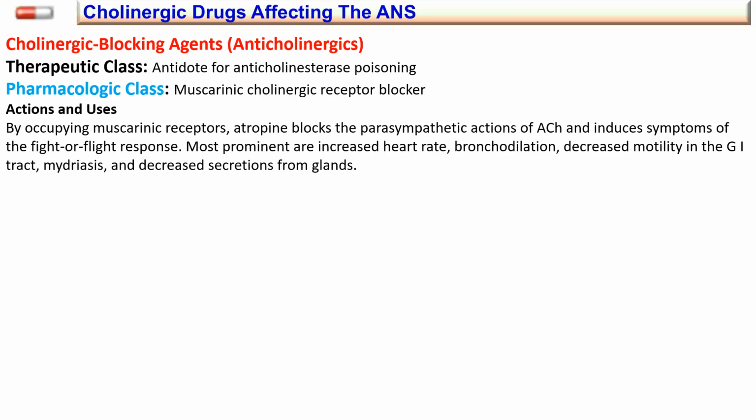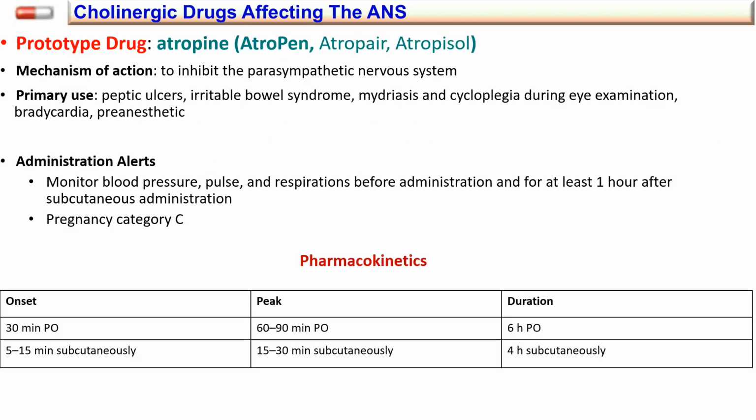So atropine therapy is useful for the treatment of reflexive bradycardia in infants and infantile hypertrophic pyloric stenosis. You'll learn about this in the PEDS course.